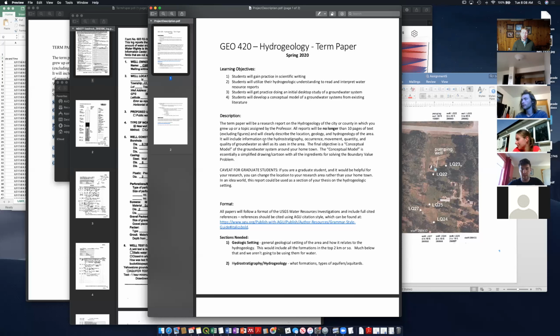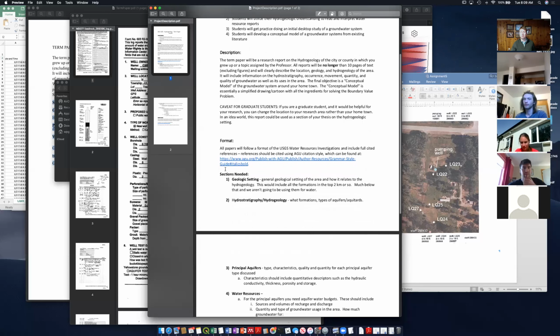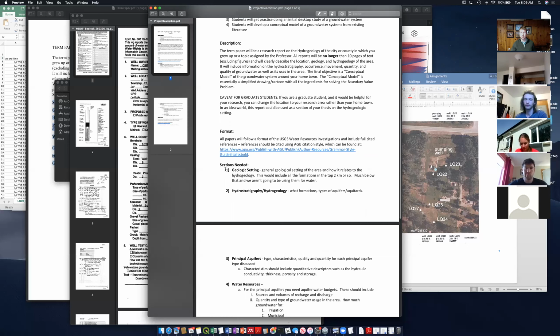Now, if you're not a graduate student and you still have a research area and you'd rather do it for that research area, I don't necessarily care. So you don't have to do it where you grew up. I just kind of think it's interesting. But if you have a research area, do it where it's most useful for you.